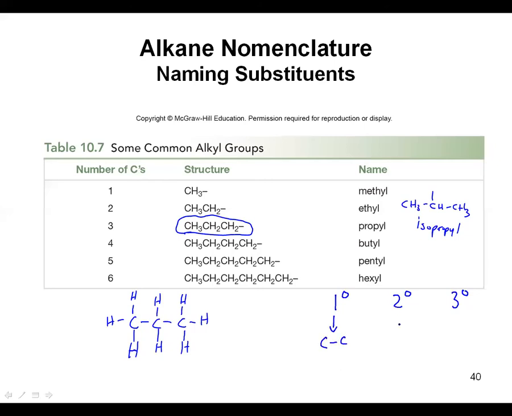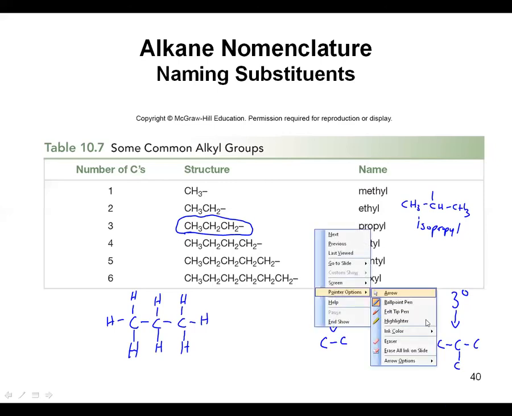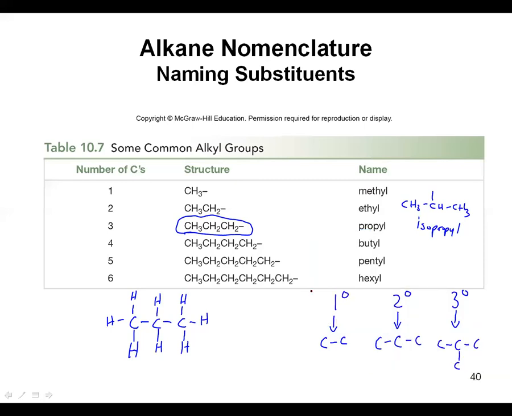The secondary carbon, the carbon you're looking at, is attached to two carbons. And a tertiary carbon is attached to three carbons. So the easiest way to determine what type of carbon you're dealing with is to look at the carbon and see how many carbons are attached directly to it. Again, here, this carbon is attached to just one. The one in the middle is attached to two carbons. The next is attached to three carbons. That gives you primary, secondary, tertiary.